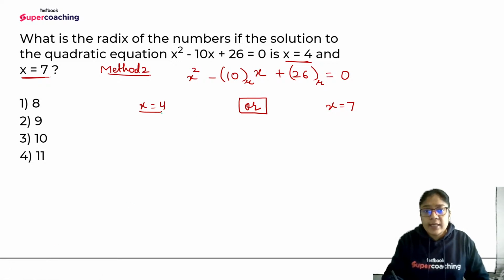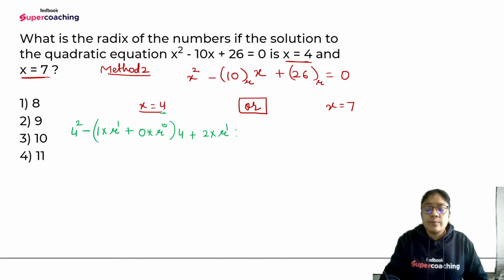The factors of the equation are given to you, so just see what values we are getting. If x is equal to 4, this equation becomes 4 square minus, this is base r, so I'm writing this as 1 into r raised to power 1 plus 0 into r raised to power 0 into x. x is 4 plus 2 into r raised to power 1 plus 6 into r raised to power 0.